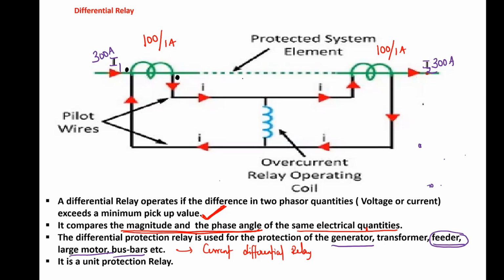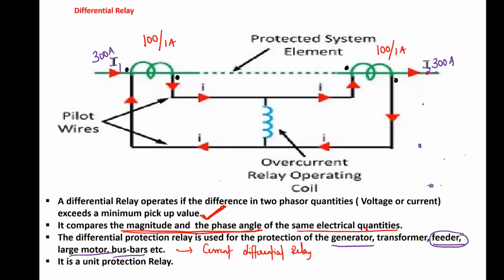How many turns are there? Primary is a flat bar where you have only one turn. So in primary, the current is entering at the dotted terminal, and in secondary, the current will leave at the dotted terminal. It is according to the dot convention rule. Okay. So we are assuming the dots like this in this case.